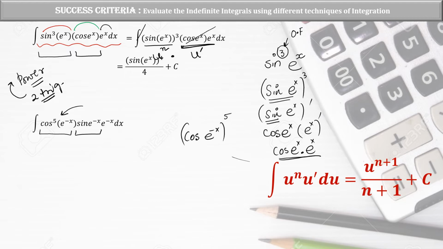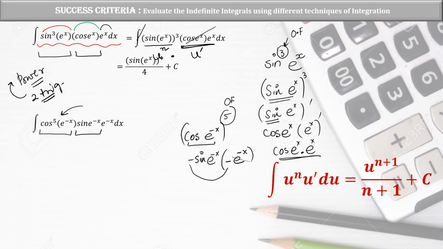I know that the power is always the outer function, so the inner function is cosine e to the power negative x. Now the derivative of cosine is negative sine. Write the angle as it is, that is e to the power minus x. Now take the derivative of e power minus x and it would be negative e to the power negative x.